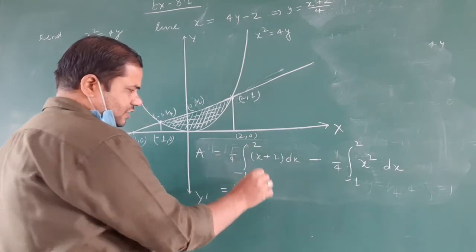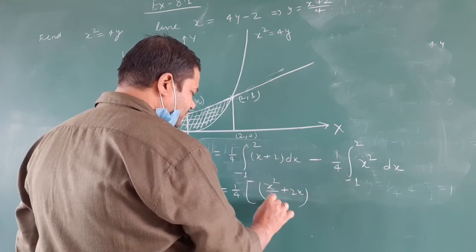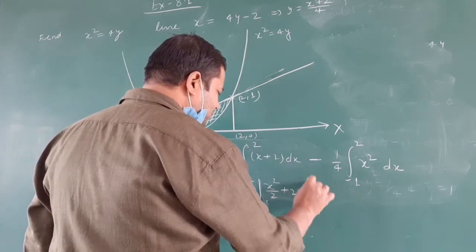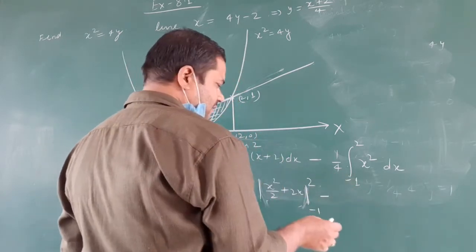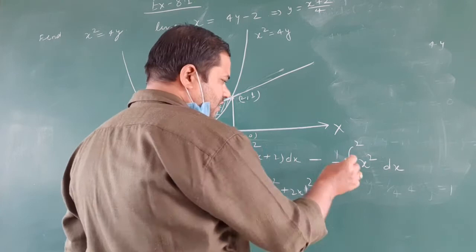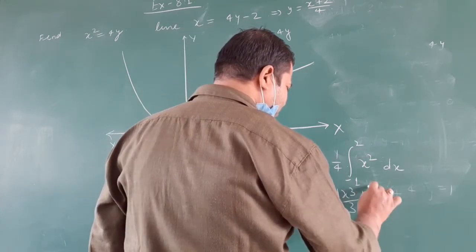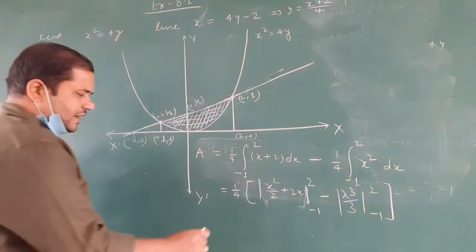So first of all, x square by 2 plus 2x from minus 1 to 2, minus 1 by 4, as I have taken common, x cube by 3 from minus 1 to 2. Close the bracket and now calculate it.